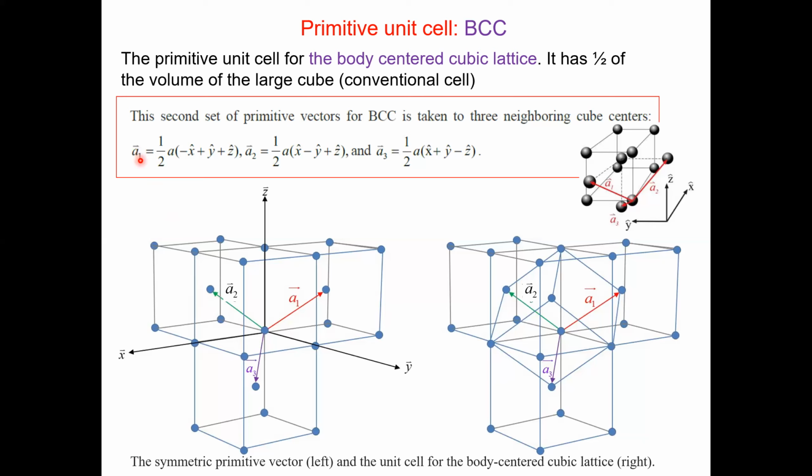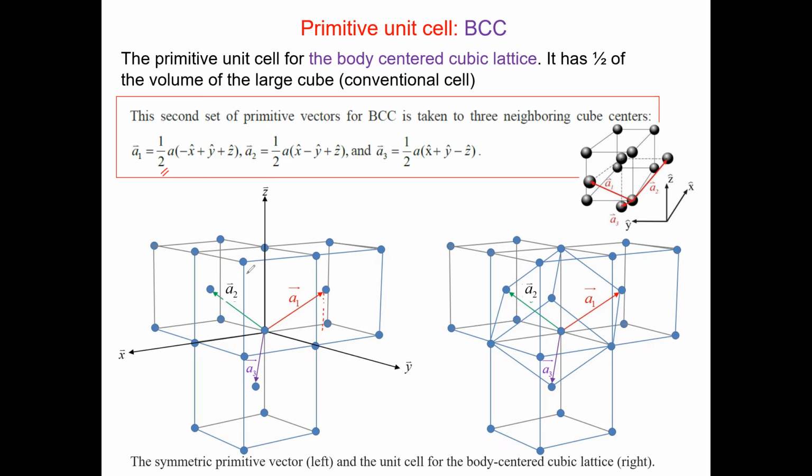So let's review again. a1 is a/2 times (minus x hat plus y hat plus z hat). So what does it mean? Remember this? You have learned this from high school already, right? So let's check this out. For a1, the prefix in front of x here with the minus means the projection, right?